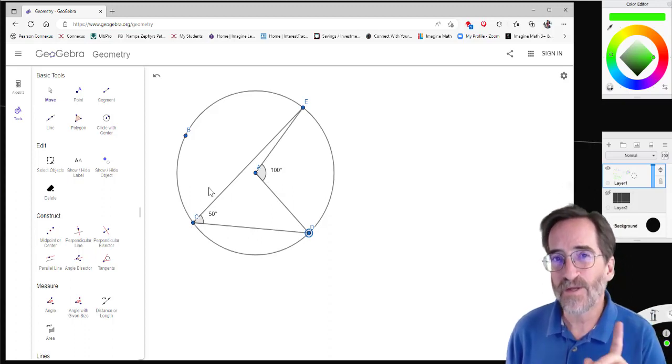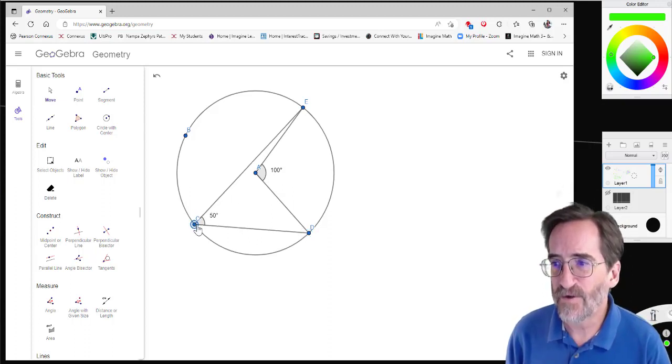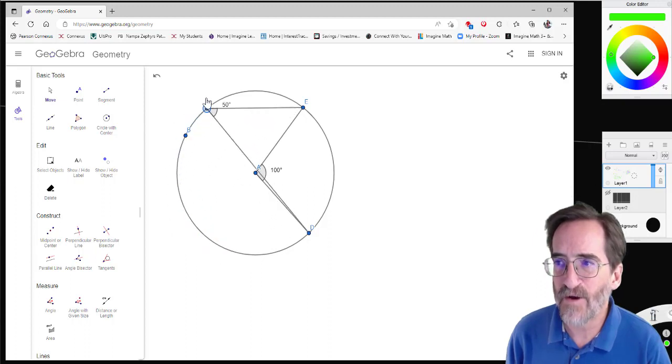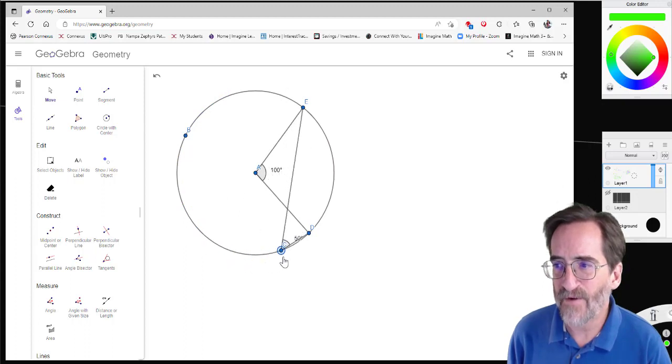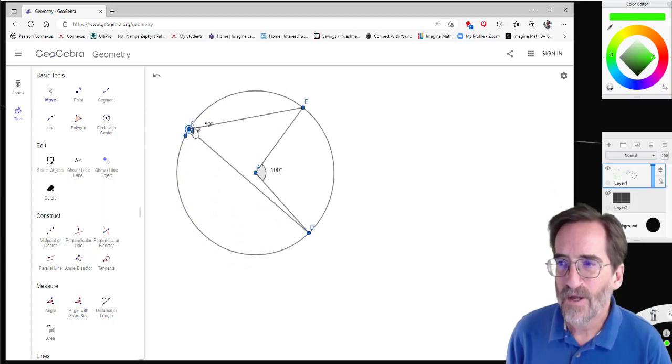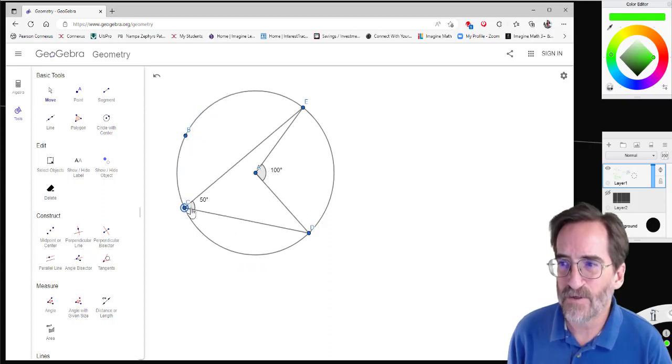What's more, there's a little bit that falls out too. It doesn't matter where I draw the inscribed angle as long as it's on the circle. Notice moving point C, it stays 50 degrees no matter where I put it, until, of course, I get past the intersection. Anywhere on the circle, it remains half of the arc. That's another corollary: any inscribed angles that intercept the same arc are going to be congruent.